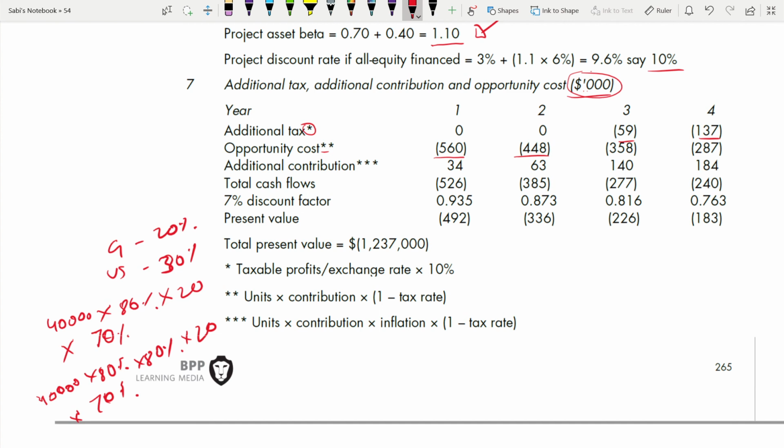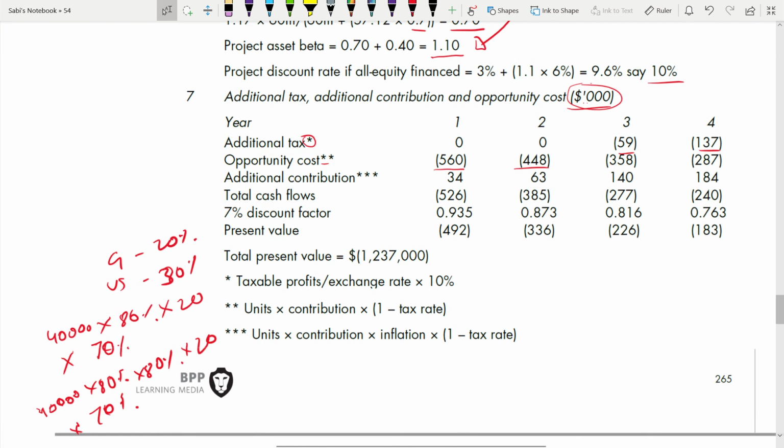It is unit into contribution into inflation into 1 minus tax rate. See, the key always is to get for the first year. When you're studying, when you get for 1 year, rest all is solved. Once you get the first step correct, for the first year you know the working, how to do. Rest all falls into place.